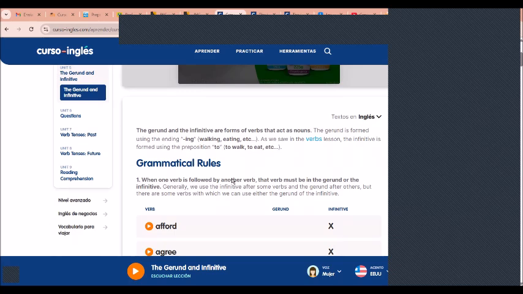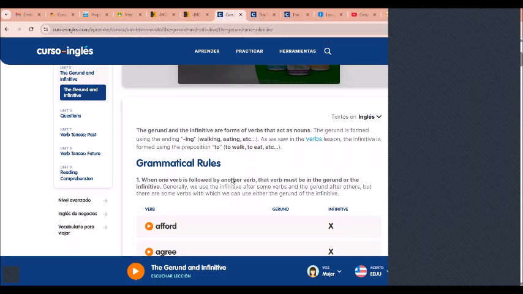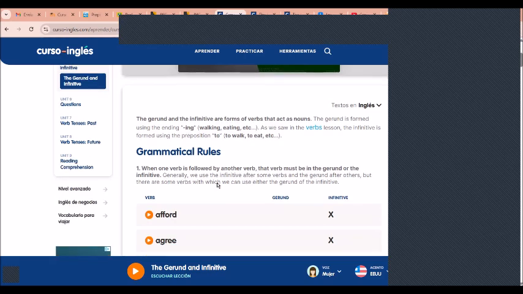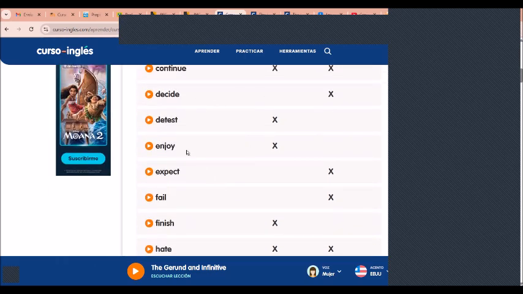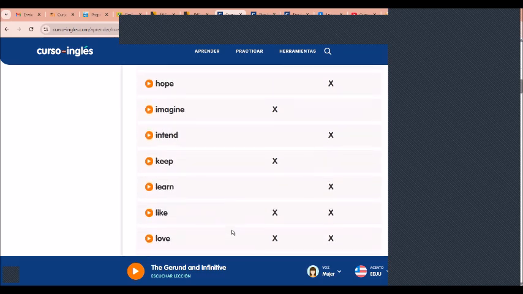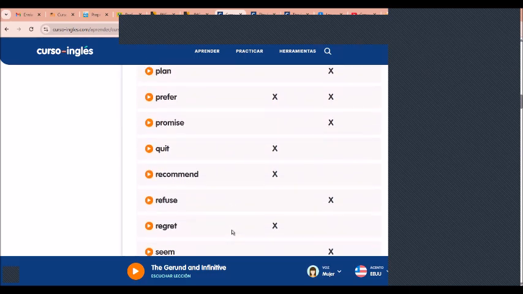But more importantly, try to see if you can see the pattern. There are verbs that always go with infinitives. There are verbs that always go with gerunds. And there are verbs that can do both. All right. So now that you know that a little bit, let's look at some use cases for them.